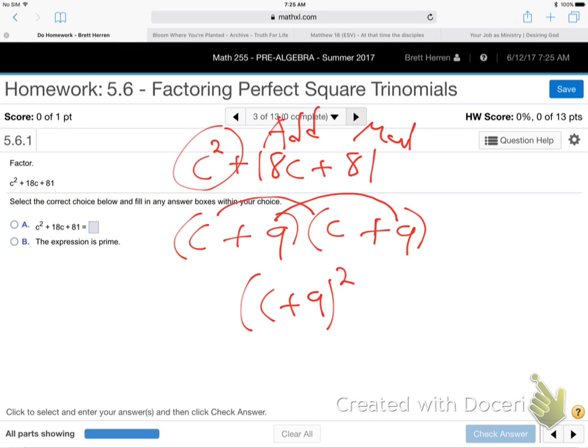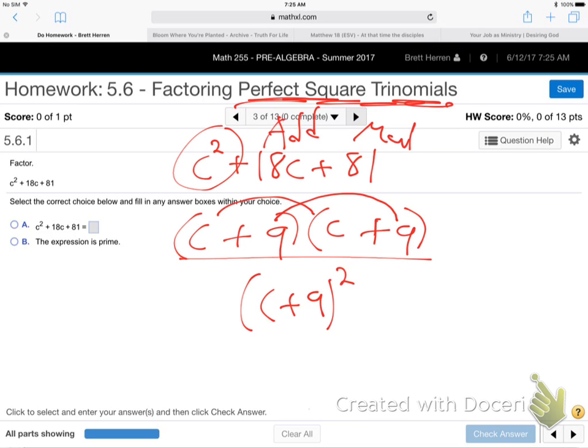Okay, so you get the pattern? They're going to do that every time in this section. The answers are always going to end up being identical twins. That's called perfect square trinomials. What's a perfect square? Something squared. The answer is going to end up squared. It's a three-termer, a trinomial, that becomes something squared as its answer.